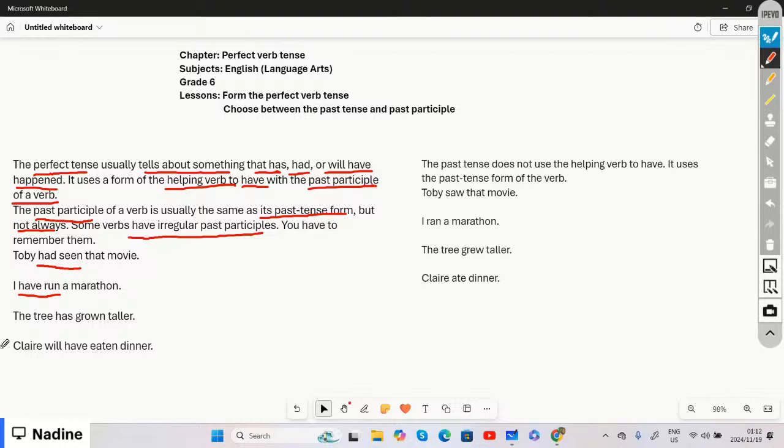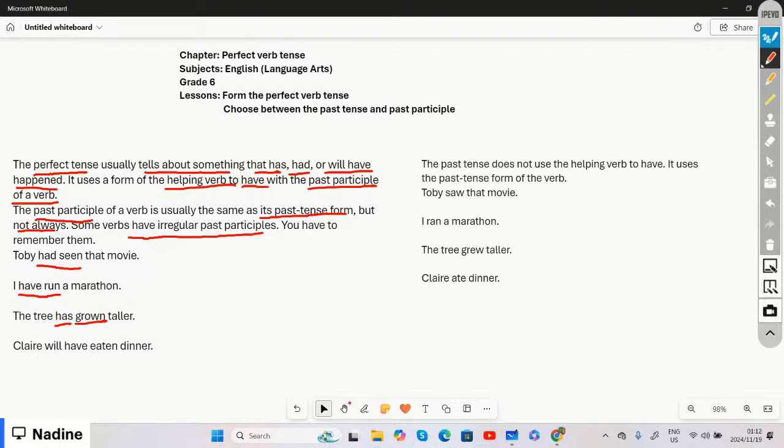And if we look at another example, it says the tree has grown taller. So has is our helping verb, grown is our verb. So, has grown taller.